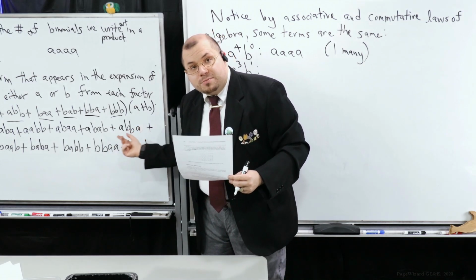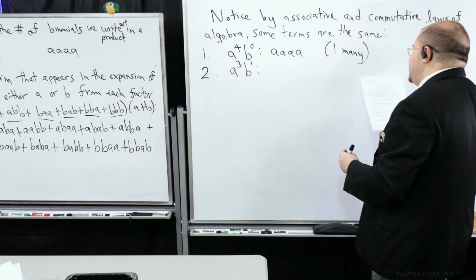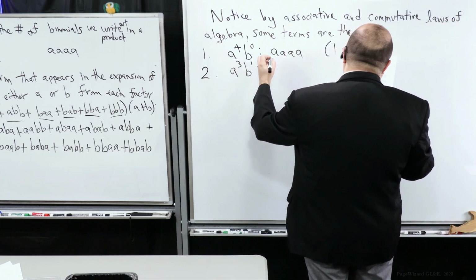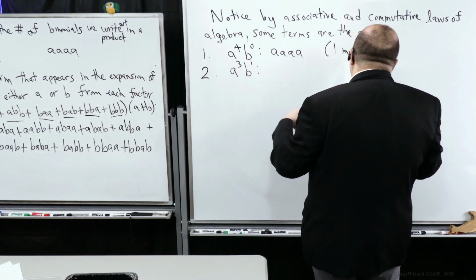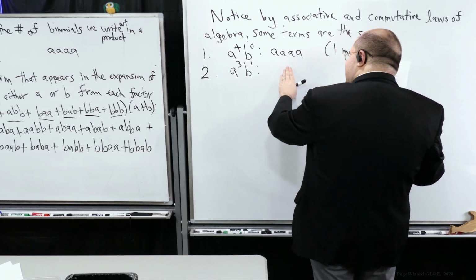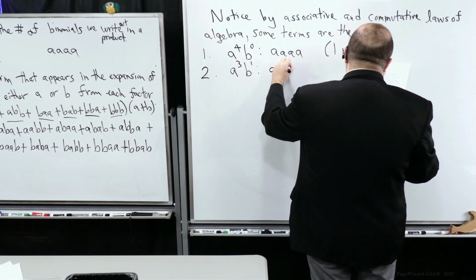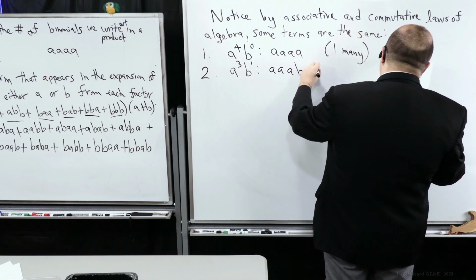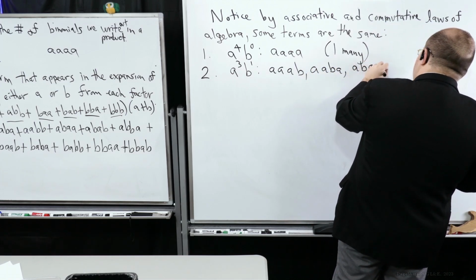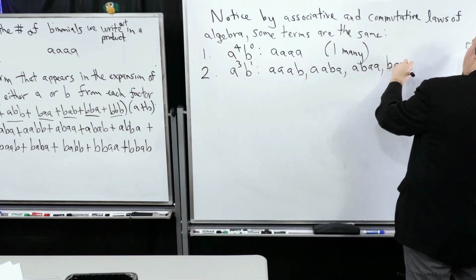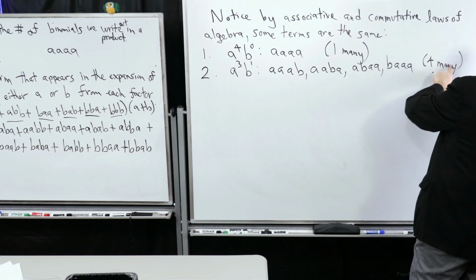So these are actually both the same. They have the same result, algebraically speaking. So let me list out these for when I have 3 A's and 1 B. The case with 2 A's and 2 B's will appear in a list that I'll get to in case 3. So I'll have AAAB, then AABA, then ABAA, and then BAAA. So there's 4 of these.